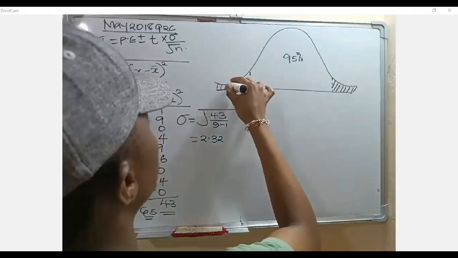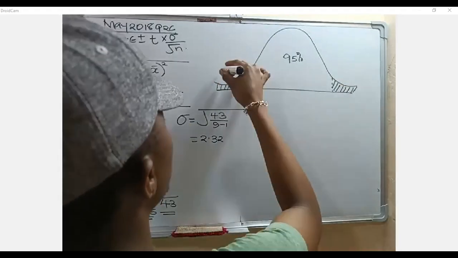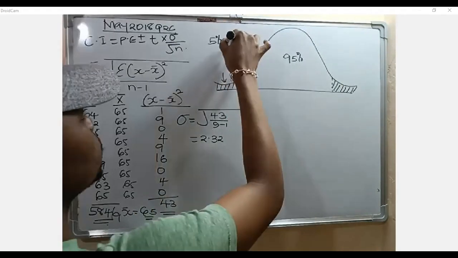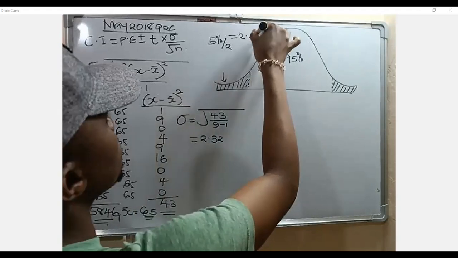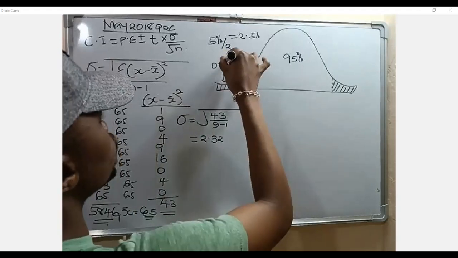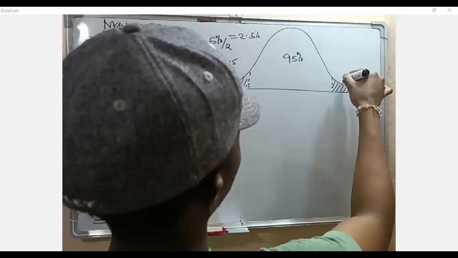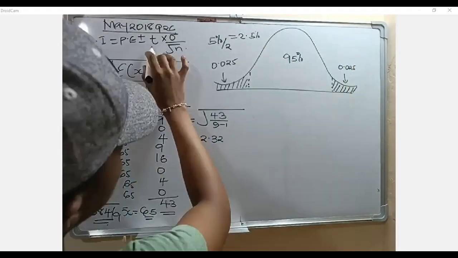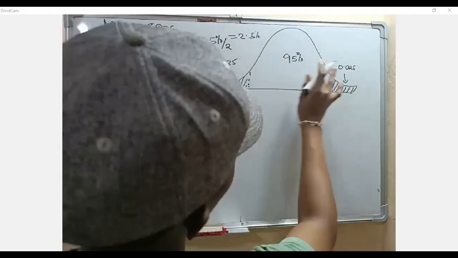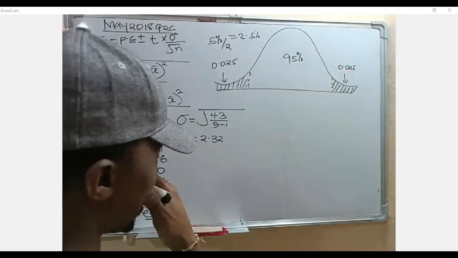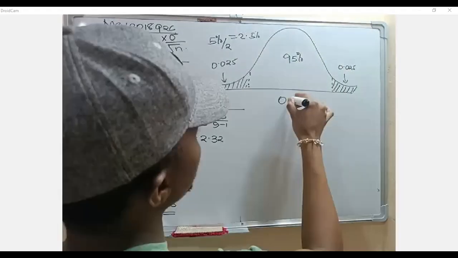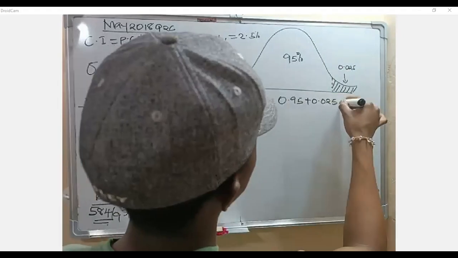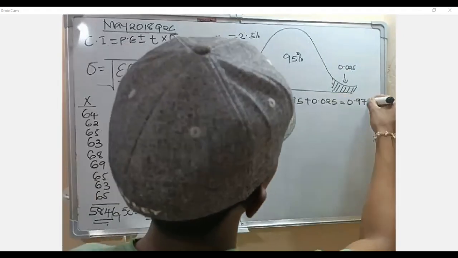When you take 5% and divide by 2, you get 2.5%, which is equivalent to 0.025 on each tail. So to get the t, you take 0.95 plus 0.025, getting 0.975.